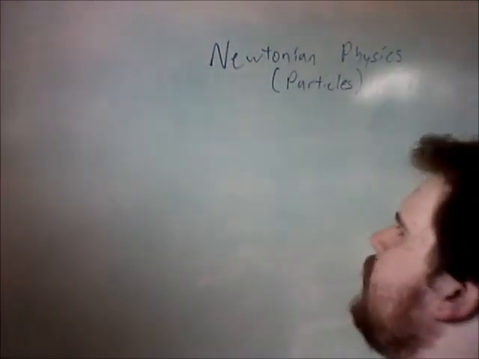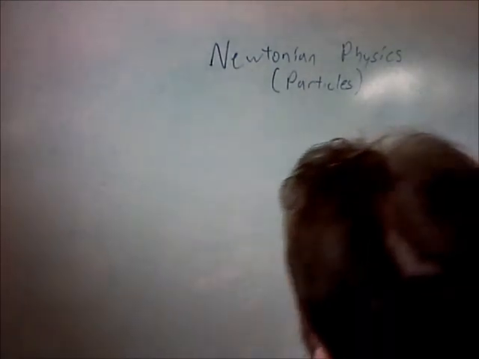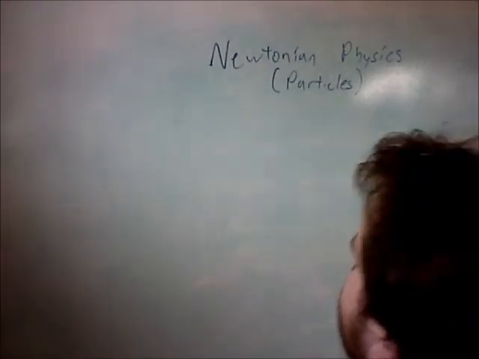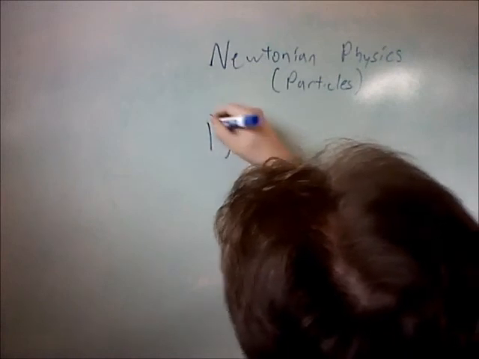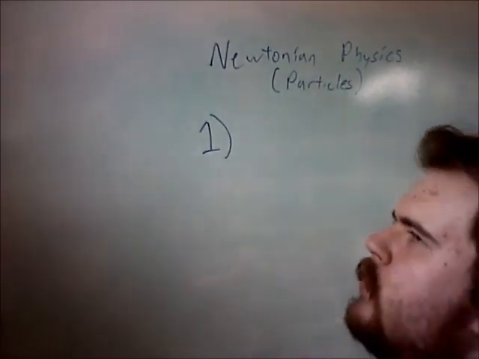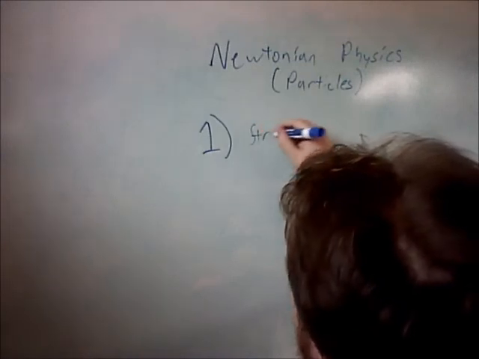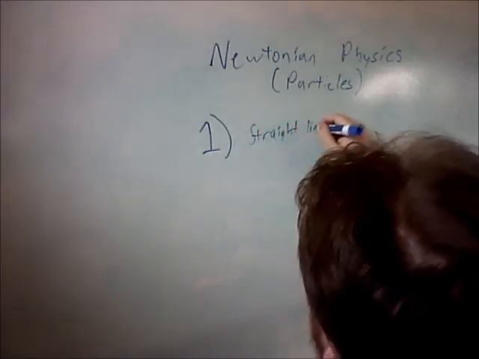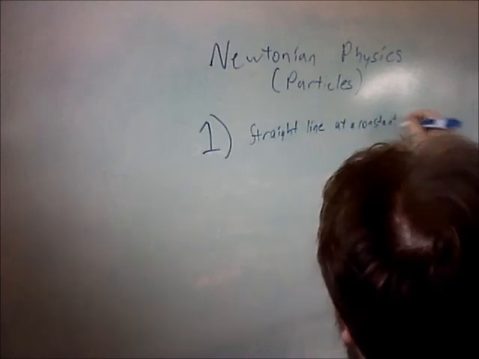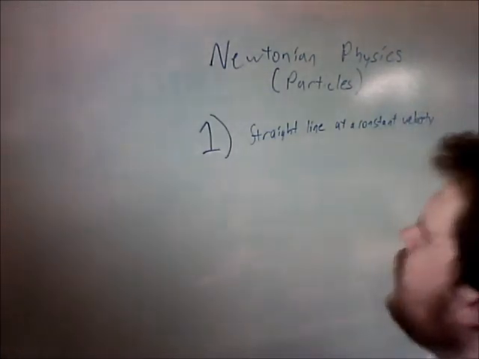The law of evolution for a system is Newton's laws of motion. The first law of motion is that an object, a particle, which is not being interacted with at all, travels in a straight line at a constant velocity.